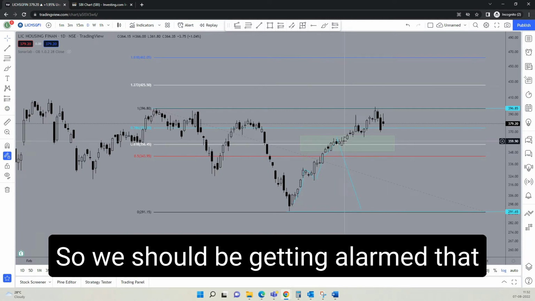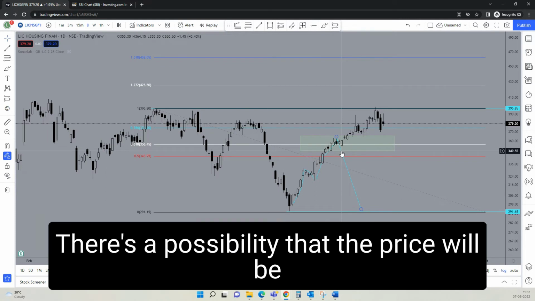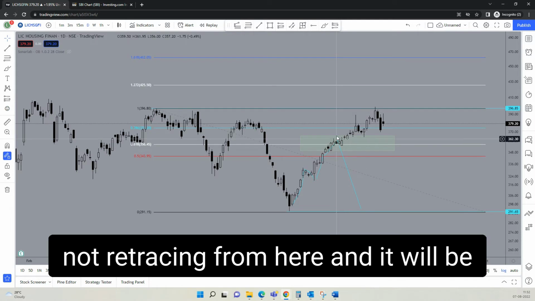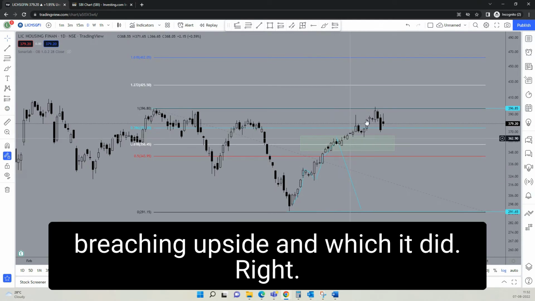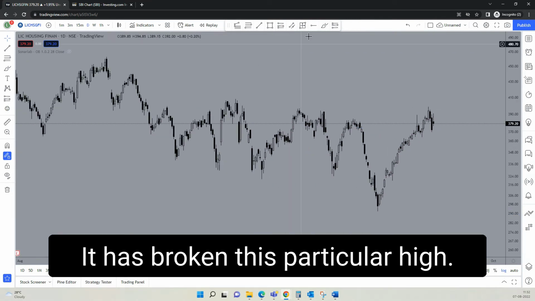So we should be alarmed that our expectation is likely to fail. There's a possibility that the price will not retrace from here and will breach upside, which it did, right?